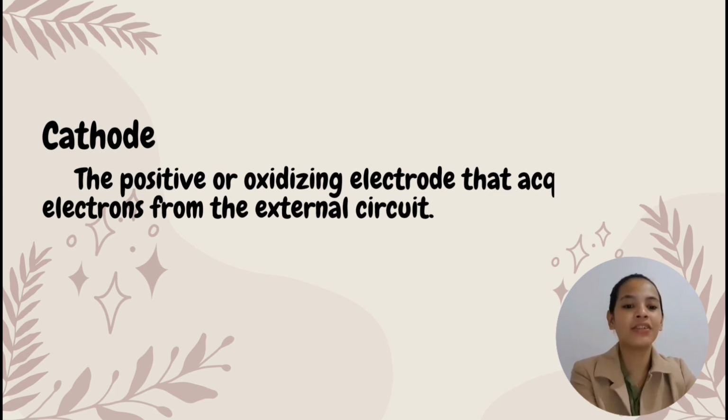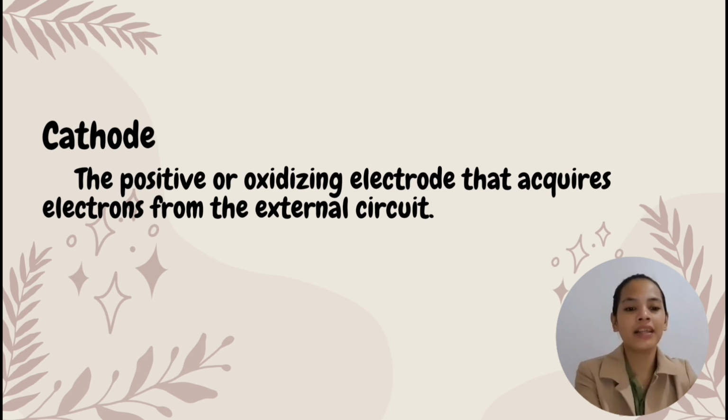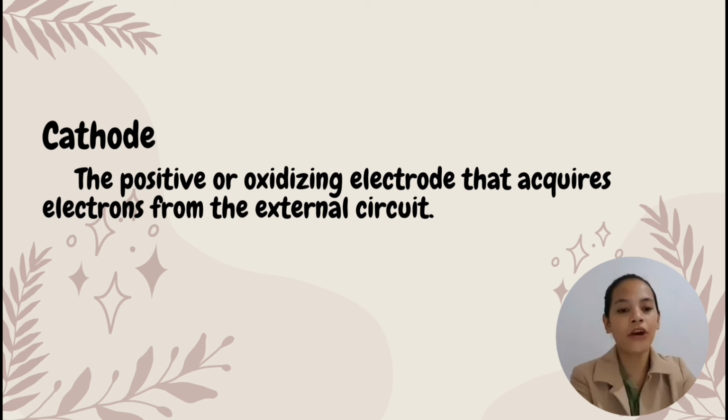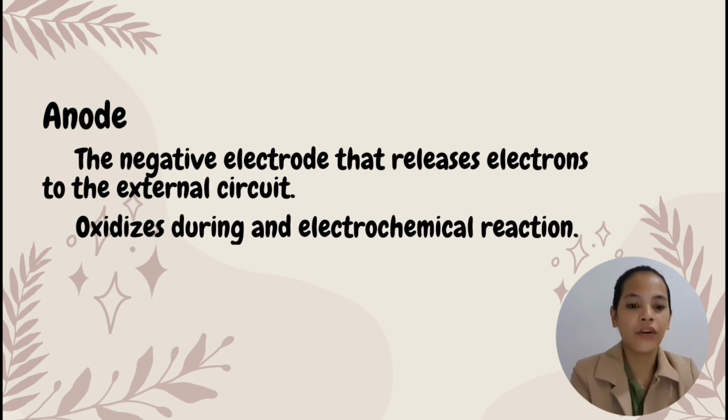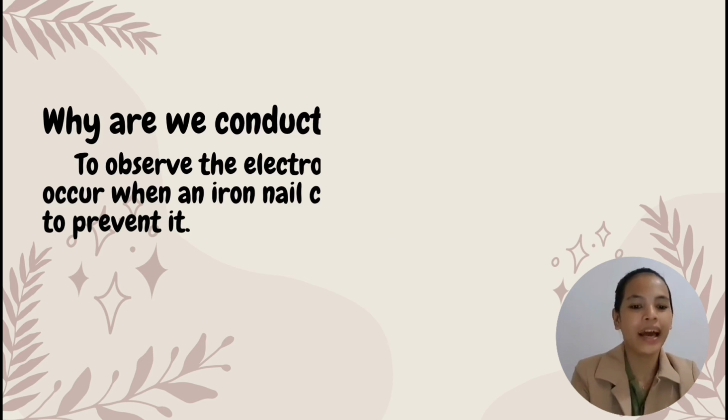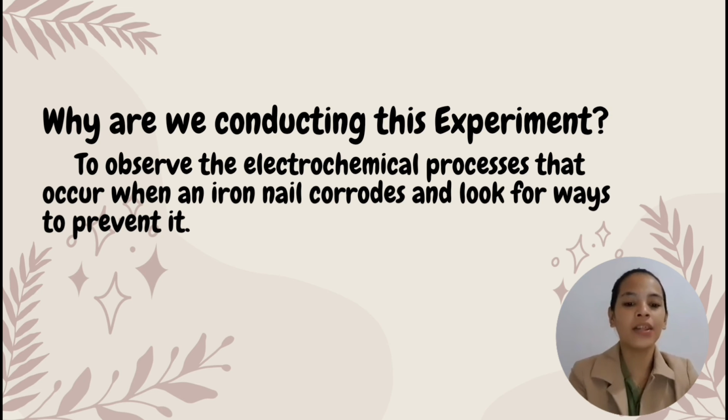Before that, let's recall that the cathode is the positive or oxidizing electrode that acquires electrons from the external circuit and is reduced during the electrochemical reaction. The anode is the negative or reducing electrode that releases electrons to the external circuit and is oxidized during the electrochemical reaction.